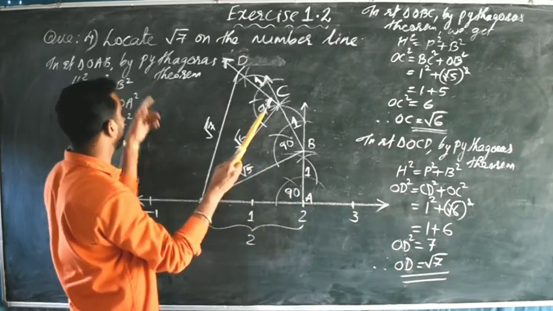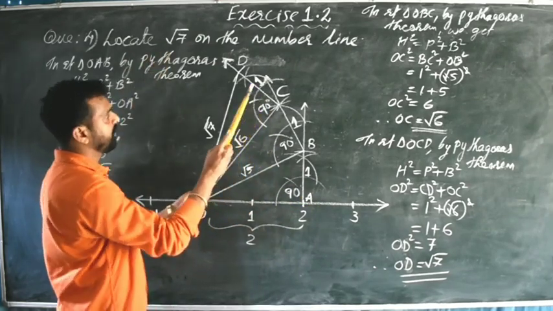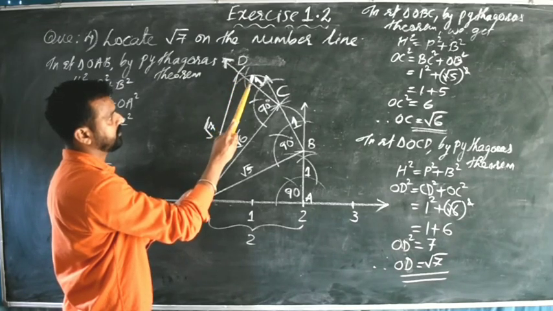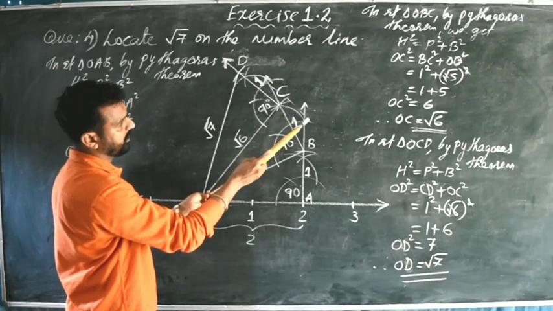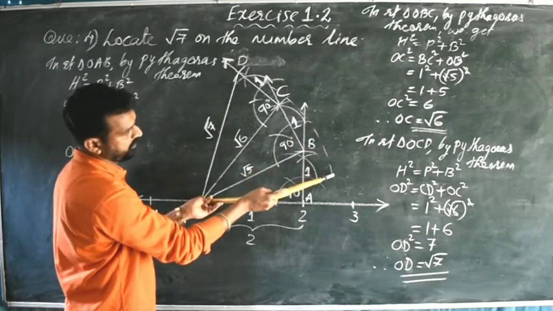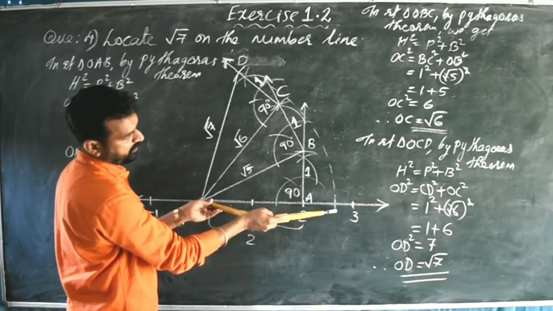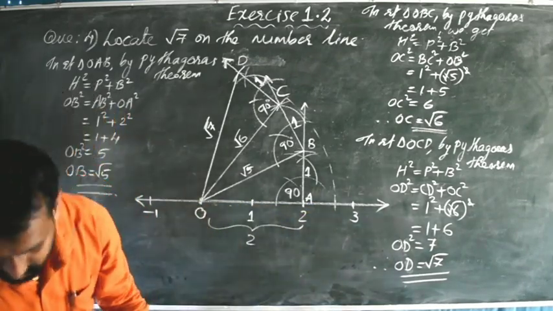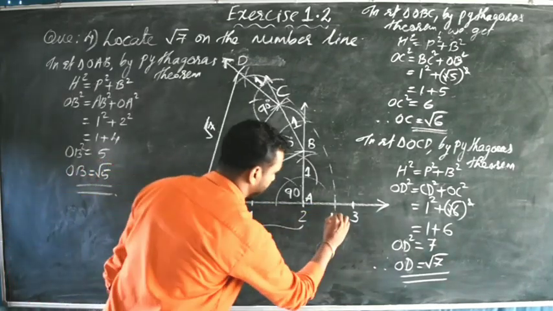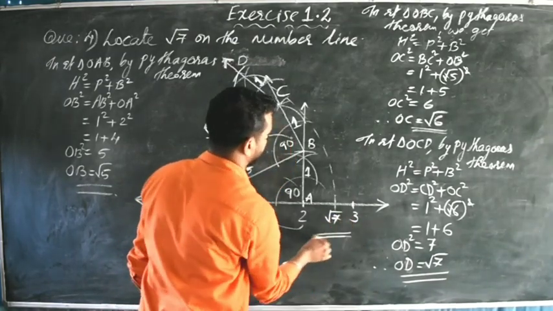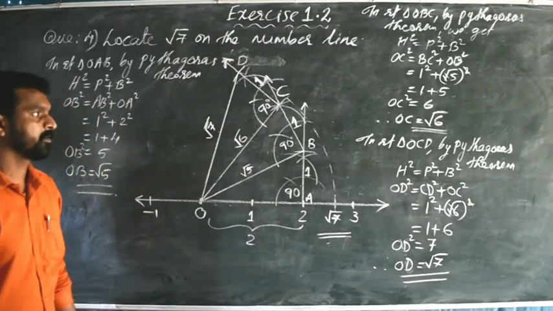But here we want to locate root 7 on the number line, so we will take OD as radius, and we will draw an arc, dotted line only we will draw, and mark it on the number line. Then that point is root 7. So here we will mark it root 7. That is the answer.